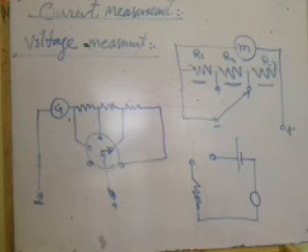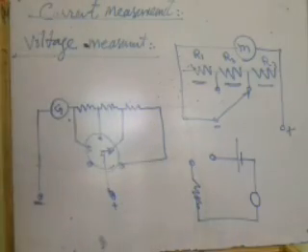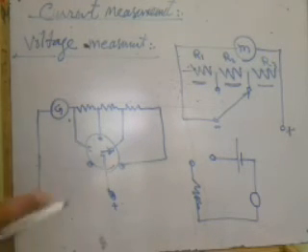For resistance measurement, the selector switch or the knob uses the circuit as shown in this figure. This is a very simple circuit. The leads are connected across the resistance to be measured.